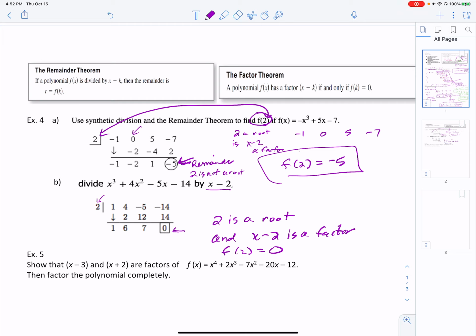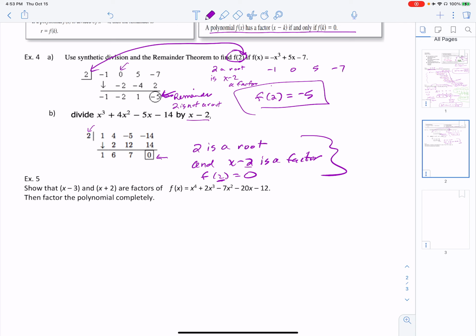And when that remainder comes out to 0, 2 is a root, and x minus 2 is a factor. And so that's what all of this is saying. A polynomial has a factor if and only if f of k is 0. So right here we're saying f of 2 is 0, so x minus 2 is a factor.